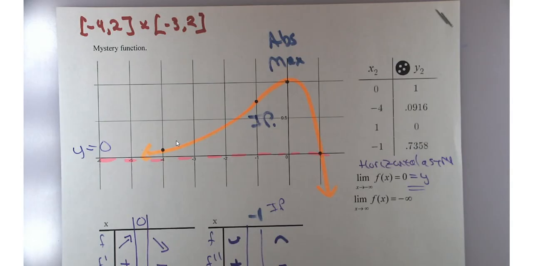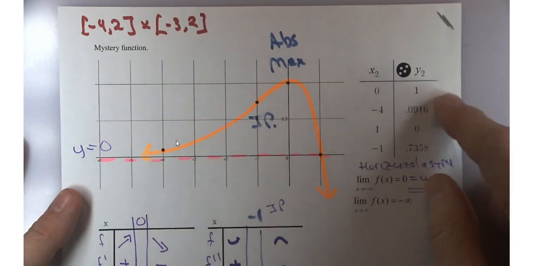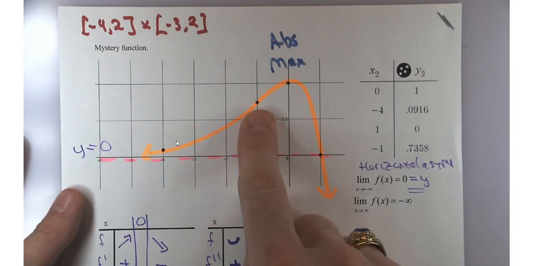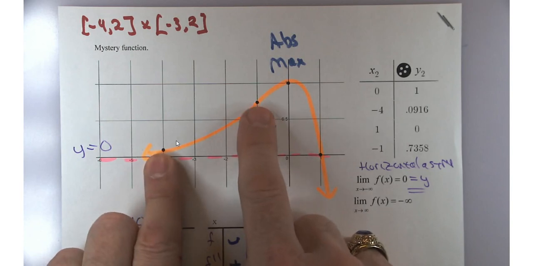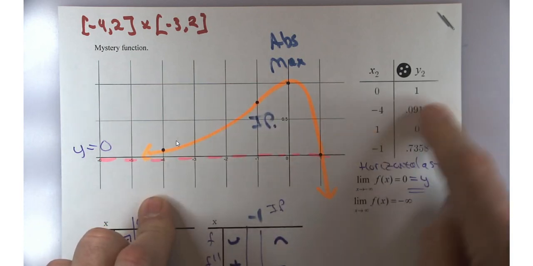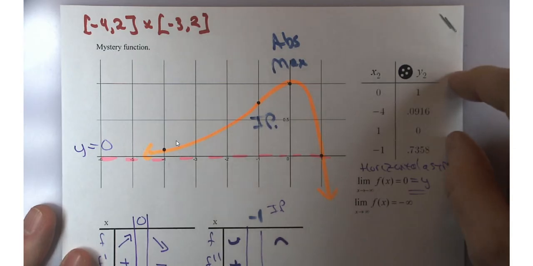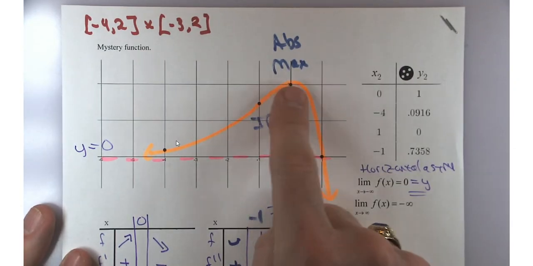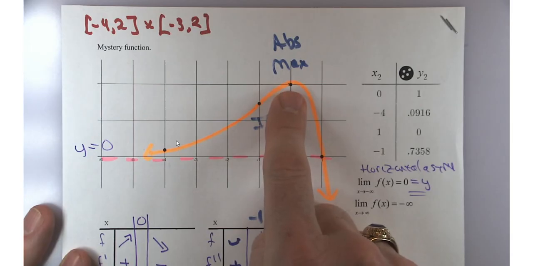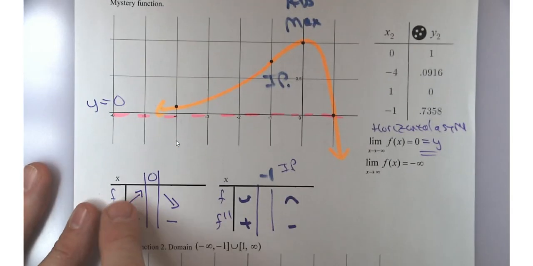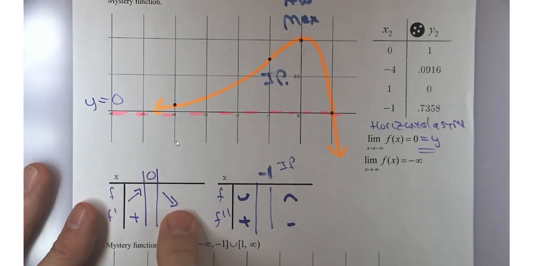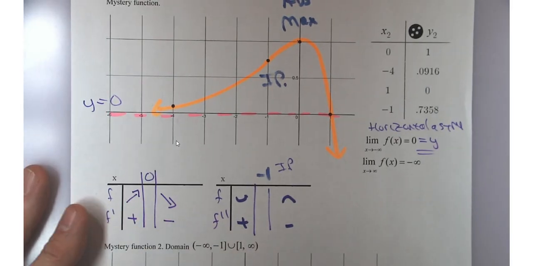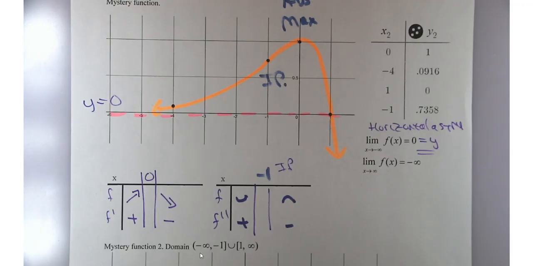So for this mystery function, I was kind of playing around with these points that are already on the graph, based on this stuff right here, and I knew interesting things might happen and should happen here. So I took a guess that 0 might be some kind of a maximum point. So I tested points to the left of that and to the right of that in the first derivative. You can also look at the first derivative there, and those points are right here.